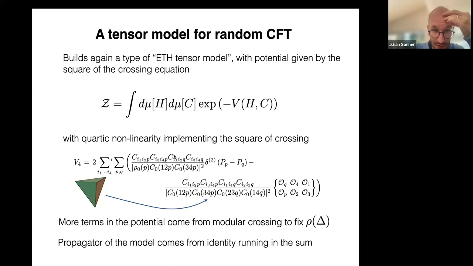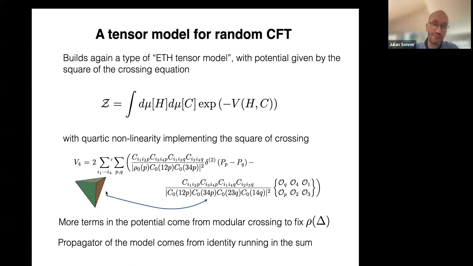So what this gives you is actually a model. Let me just say it out. It gives you a model whose graphs are going to be given by vertices that are tetrahedra. So the faces are triangles. The vertices are weighted by the 6J symbol of Virasoro.